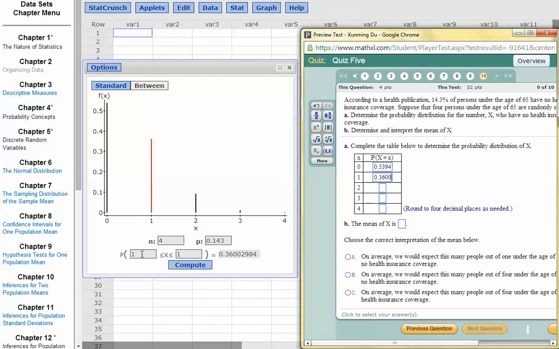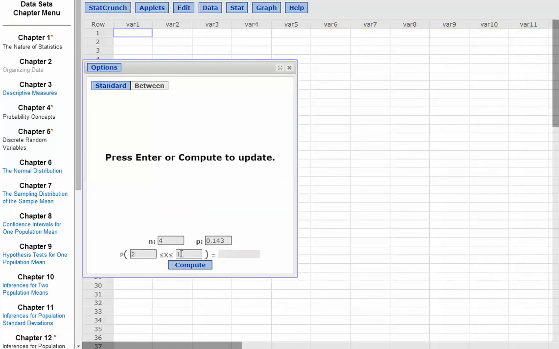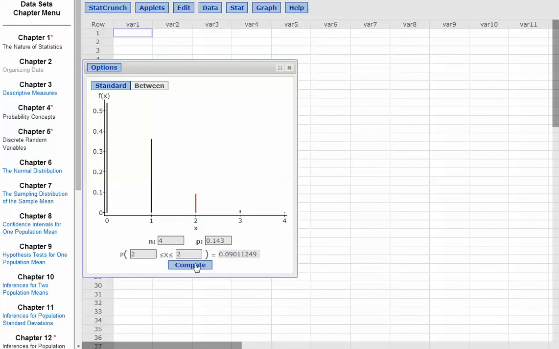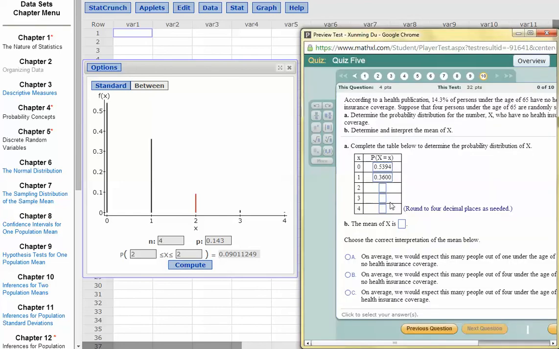Then similarly, you can do 2, and then compute. So you get 0.0901. You see behind this one is a 1, so you can drop it. And then you want to work on 3.